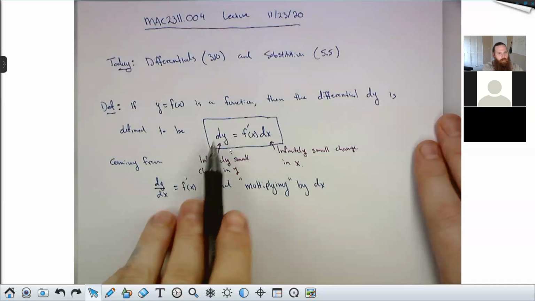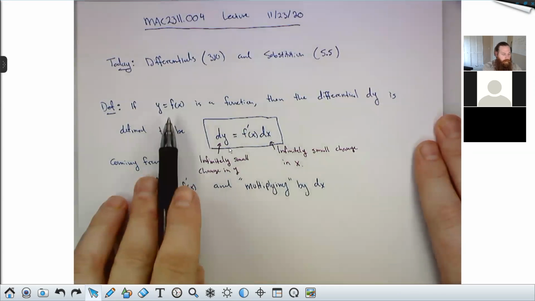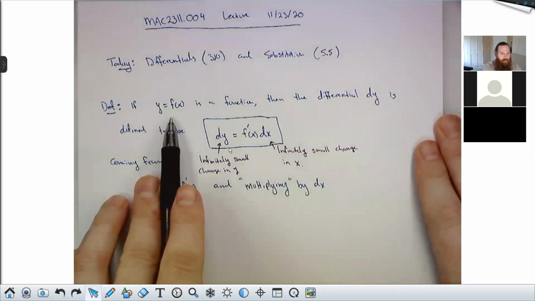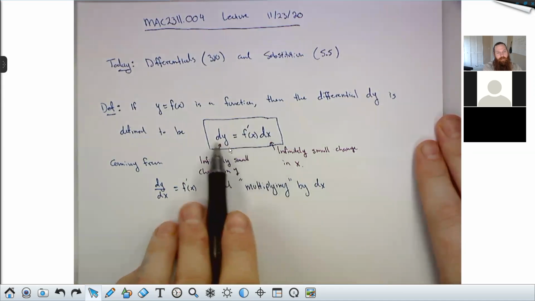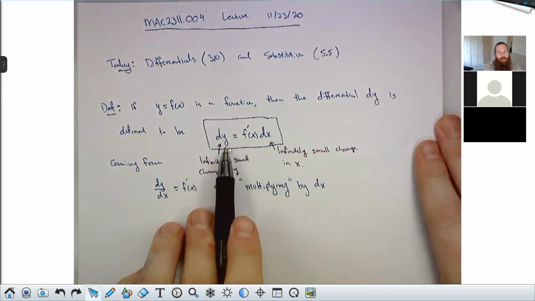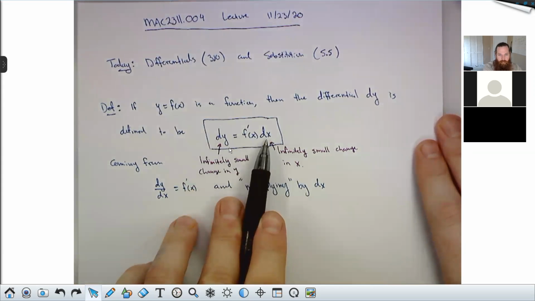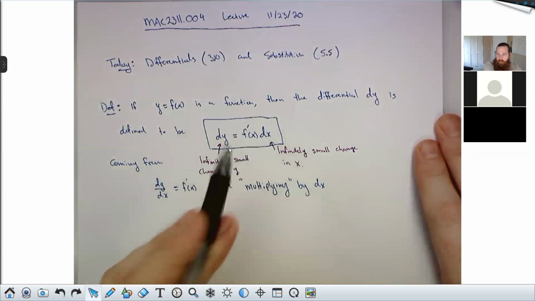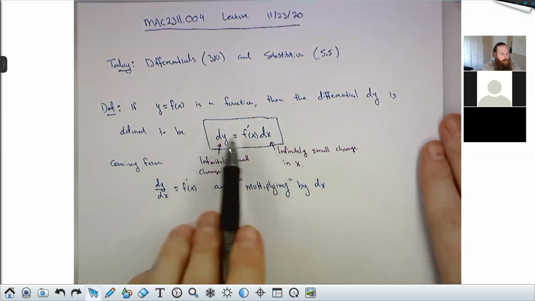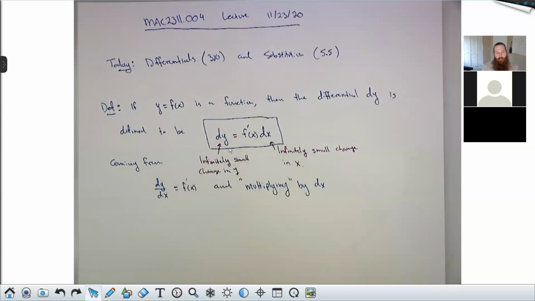So what dy equals f prime of x times dx is telling you is that if you're looking on the graph y equals f of x, and you make a teeny tiny little change in x, then you can expect a corresponding teeny tiny little change in y that you calculate by multiplying the teeny tiny change in x by the derivative at that x value. Okay, you put all of those things together, and that creates the differential dy.